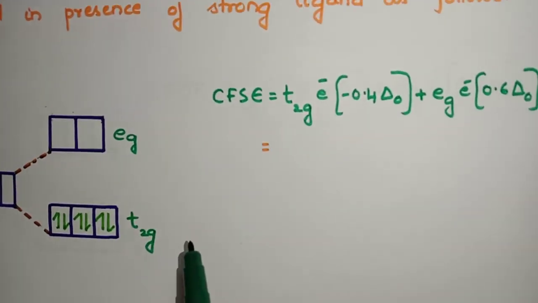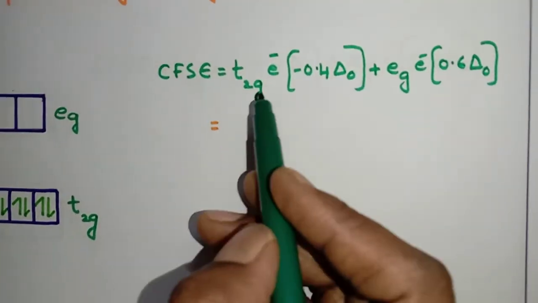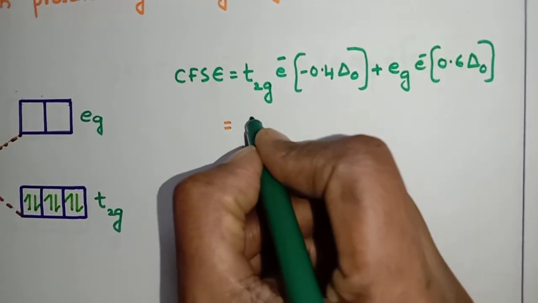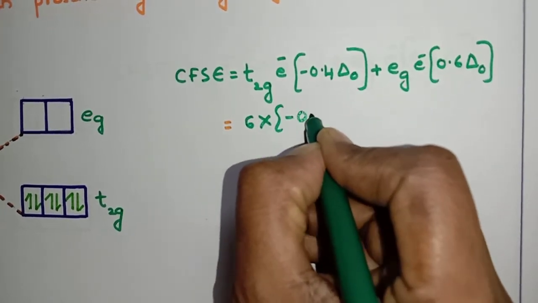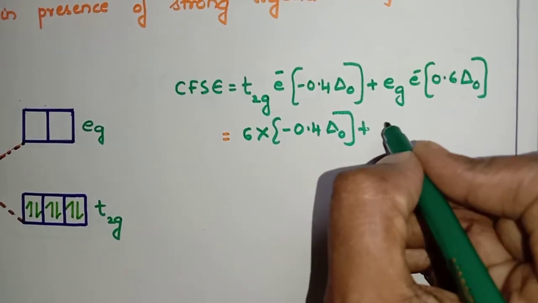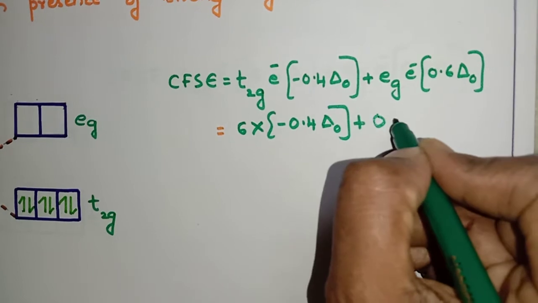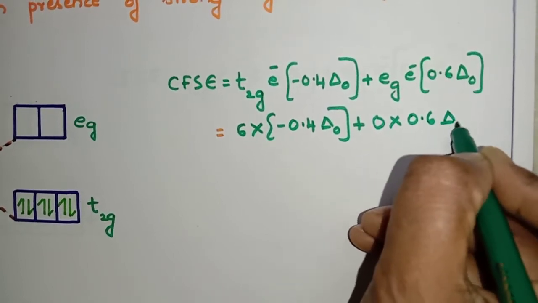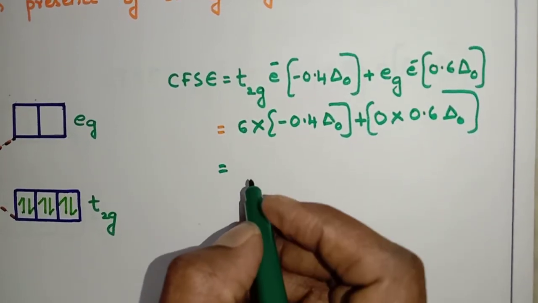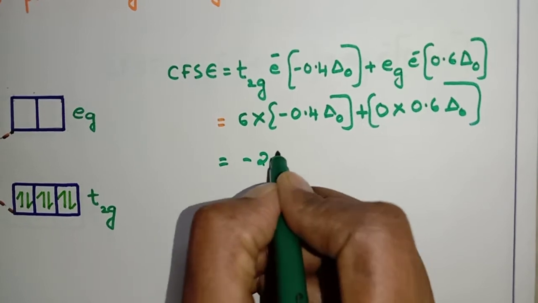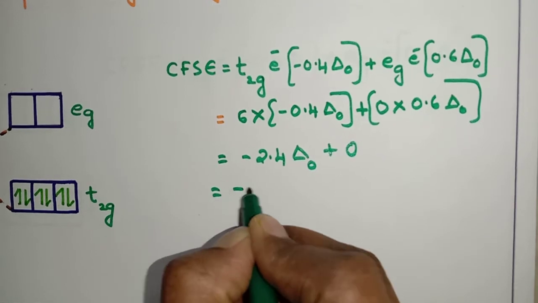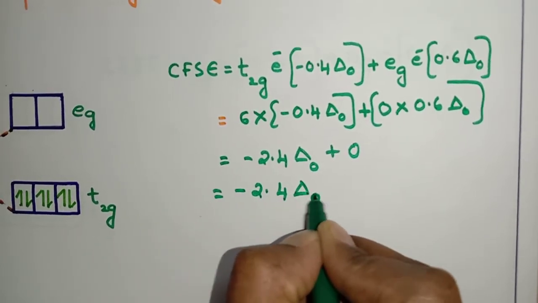Now, the CFSE of this complex: the number of electrons in t2g orbitals is 6, so 6 into −0.4 delta O plus 0 electrons in eg into 0.6 delta O. 6 into 0.4 is 2.4, so −2.4 delta O plus 0, equal to −2.4 delta O units.